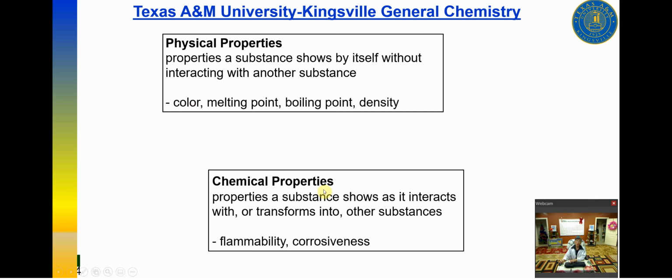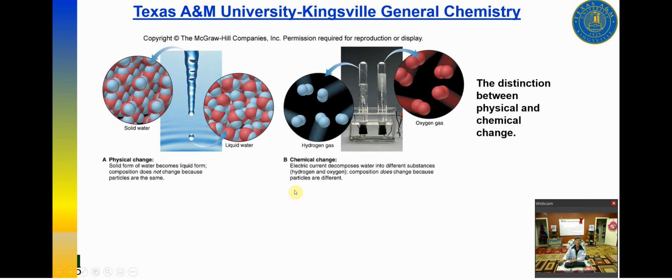Chemical properties refer to the characteristics your substance shows when it interacts with other substances or when it transforms into something else, such as inflammability, corrosiveness, corrosion, combustion, etc.